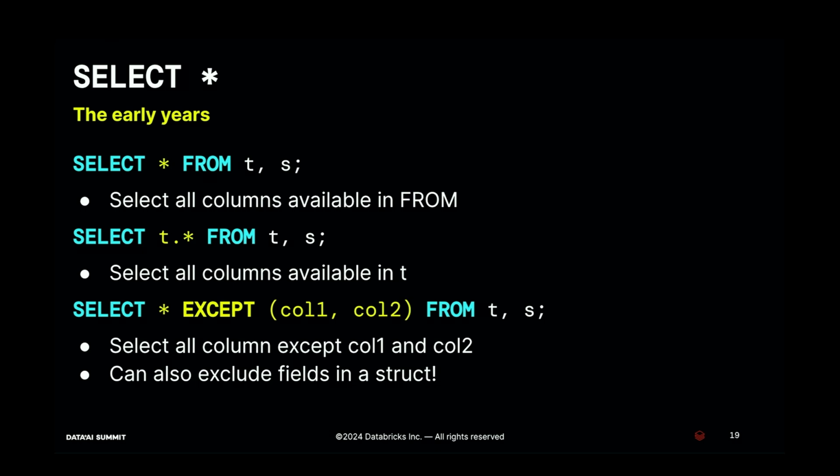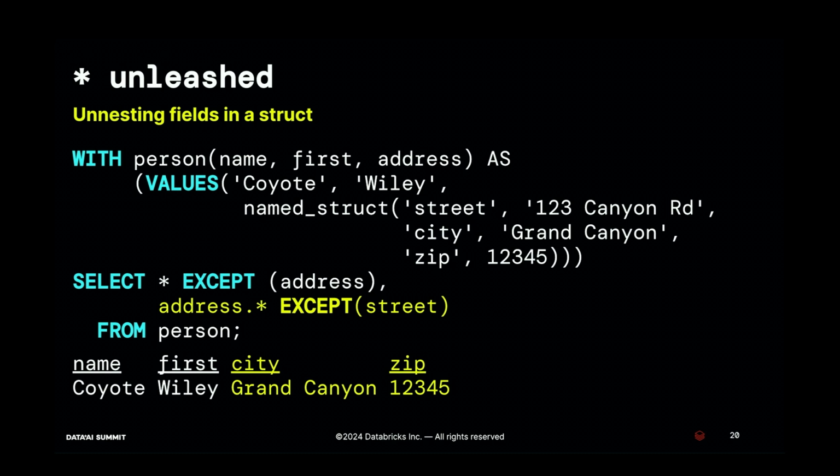But now let's make this a little bit more interesting. So let's take select star off the leash. The first thing I actually want to do is flatten a struct. In this case here, we have a person, Wile E. Coyote, and he has a street address, and the street address is in a struct: street, city, zip.